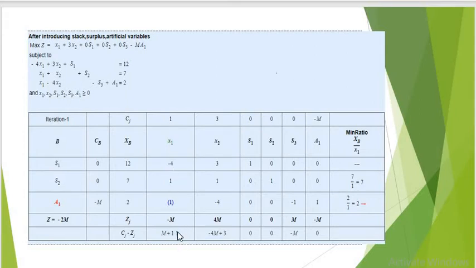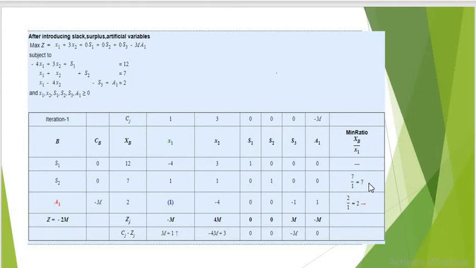Then to calculate the leaving variable, find the minimum ratio, that is xb by x1 for x1 greater than 0. Here the first value of x1 is minus 4, so no need to calculate that value. Then 7 by 1 equal to 7, and 2 by 1 equal to 2.